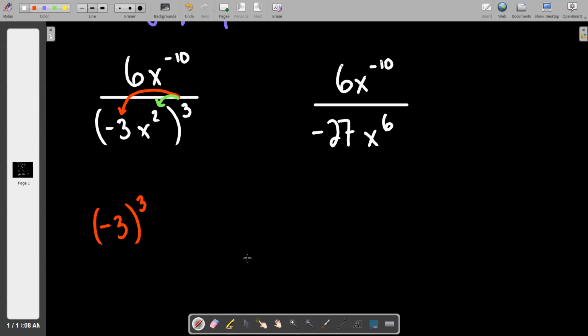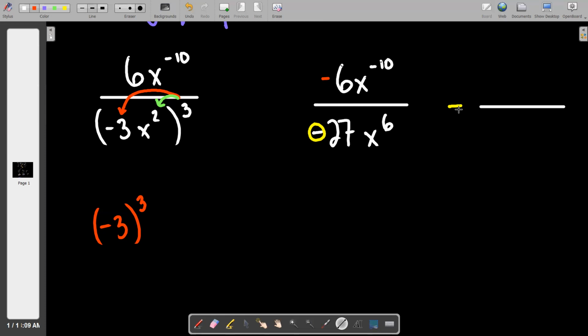It doesn't affect anything as far as the sign of my answer. So like I said before, if there's just one negative, which is what this is, then overall, my answer is going to be a negative fraction. Don't leave the negative buried inside. Yes, ma'am. If there had been a negative up here, then the negatives would cancel each other and our answer would not have this negative sign.